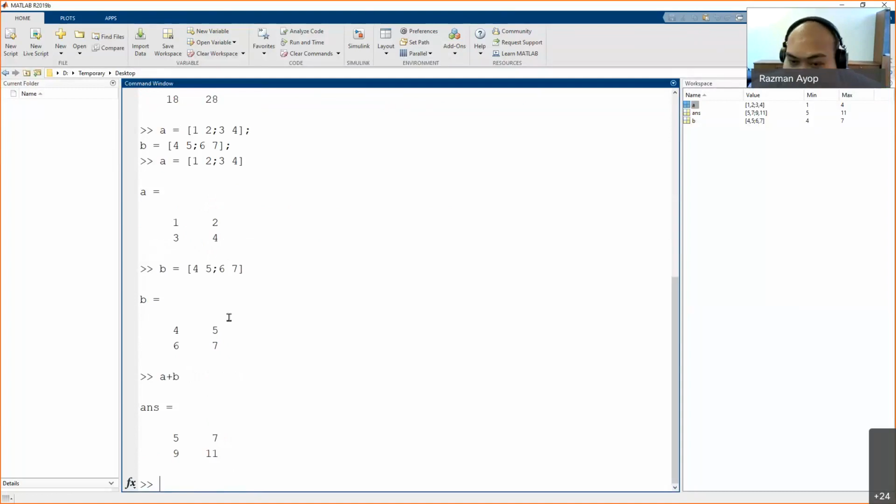Following the law of matrix, 1 plus 4 is 5, 2 plus 5 is 7, 3 plus 6 is 9, and 4 plus 7 is 11. For plus and minus, you can just directly add or subtract. You can refer back to your matrix knowledge.